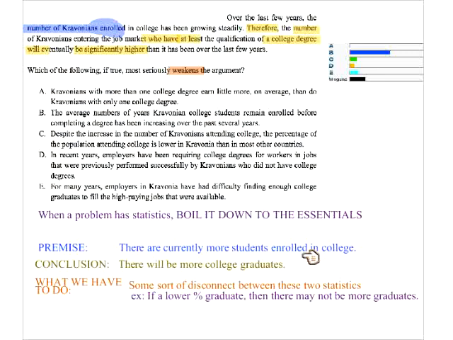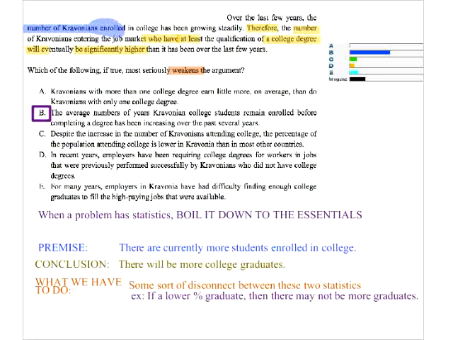We need something that directly influences the relationship between people enrolled in college and eventual college graduates. The only choice here that does that is B, like boy.